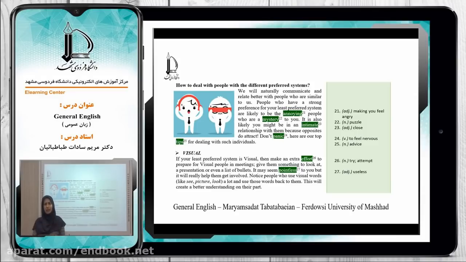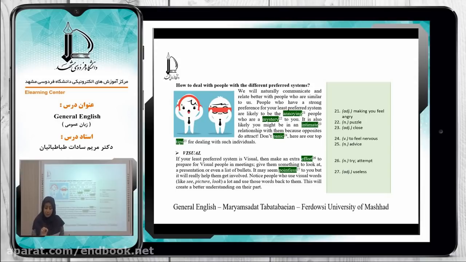Because we have a lot of similarities. I'm a visual, my friend is a visual, we both like seeing things, we both like having eye contact, so we communicate more successfully. And we like each other more because we understand each other better. So, it's easier to communicate with similar people.